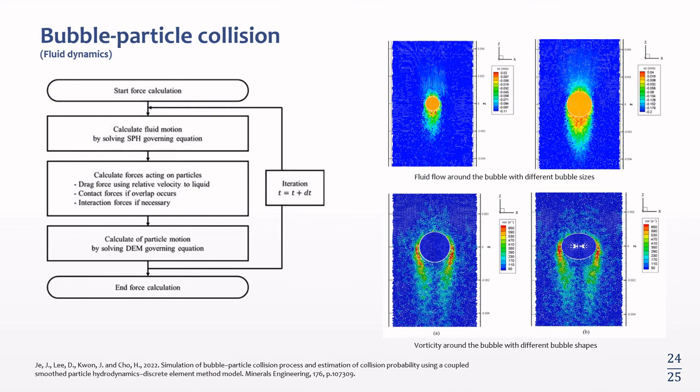It has different applications actually. One of the most commonly used is the separation and enrichment of valuable minerals from gangue minerals, where we have particles in an aqueous environment, and also we have bubbles.